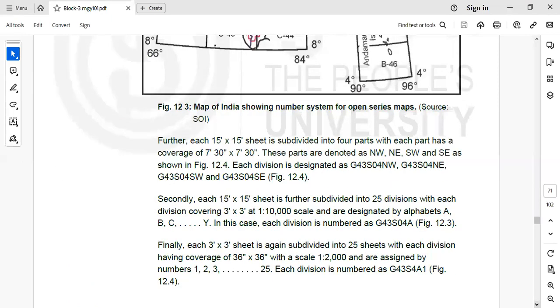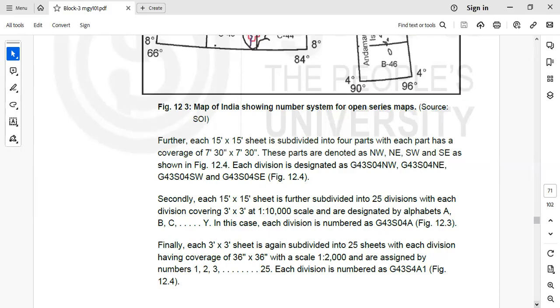So earlier, the Survey of India prepared the topographical map using the polyconic map projection.